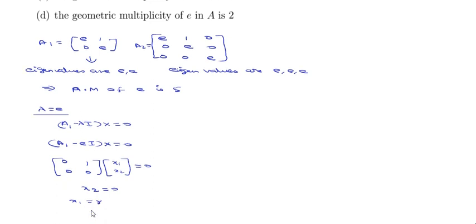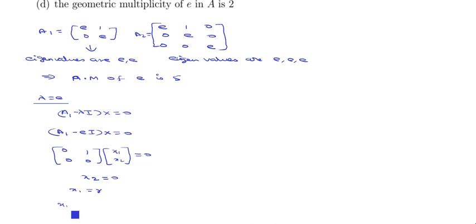Therefore (x1, x2) is (r, 0), so it involves one parameter. The eigenspace involves only one vector, so the dimension is 1.